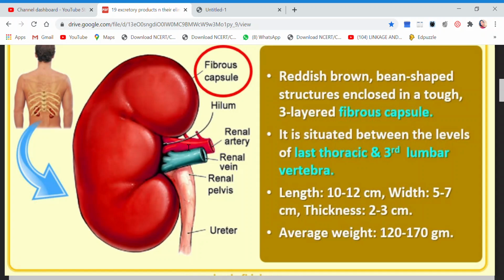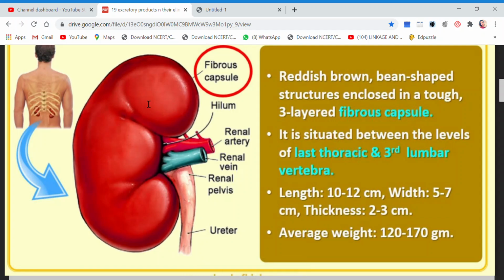So children, again I am repeating, the concave surface of the kidney has a notch which is called hilum, and through this hilum, renal artery, renal vein and the ureter enter the kidney.